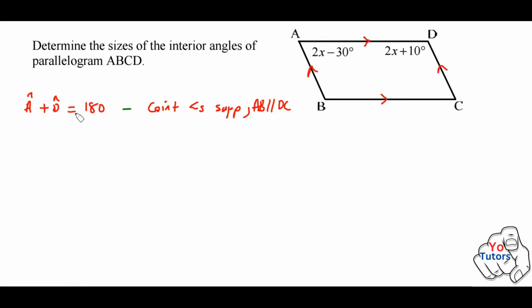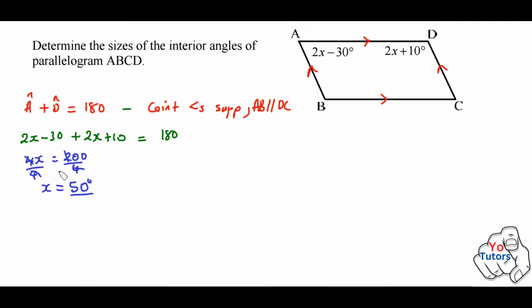You don't need to give a reason to calculate X for now. So 2X minus 30 plus 2X plus 10 should give us 180. When you solve this, we find that X is equal to 50. Now we can substitute.